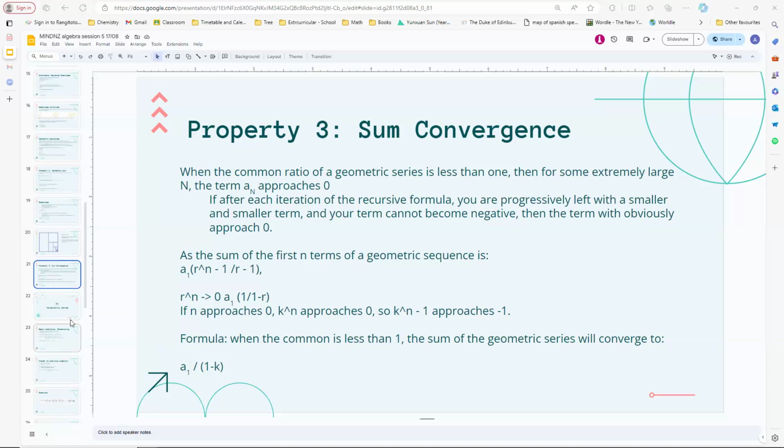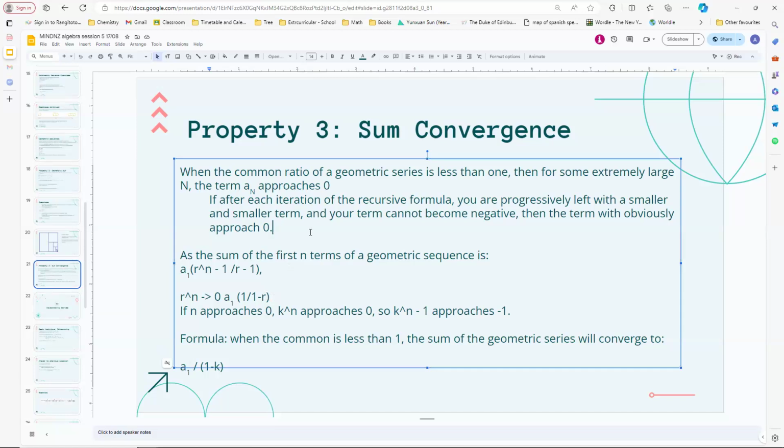The second thing I want to touch on is this little thing you wrote here. If after each iteration of the recursive formula you're progressively left with a smaller and smaller term, and your term cannot become negative, then the term will 'obviously' approach 0.